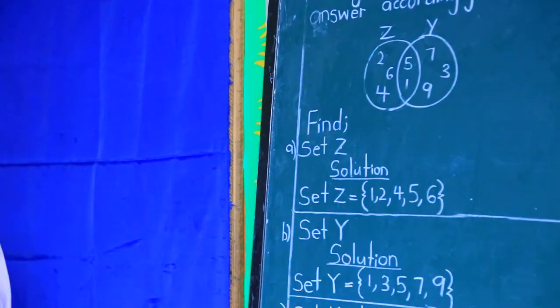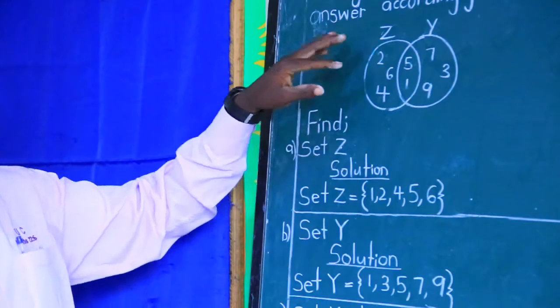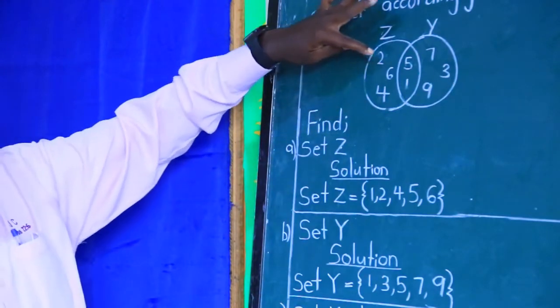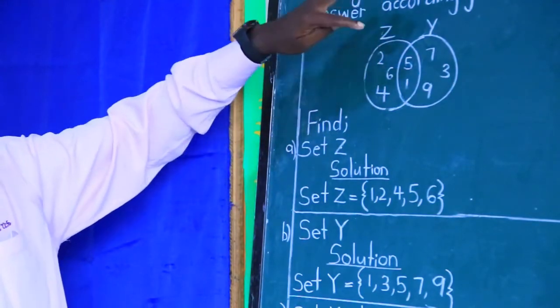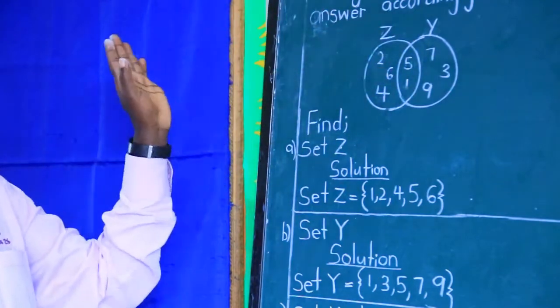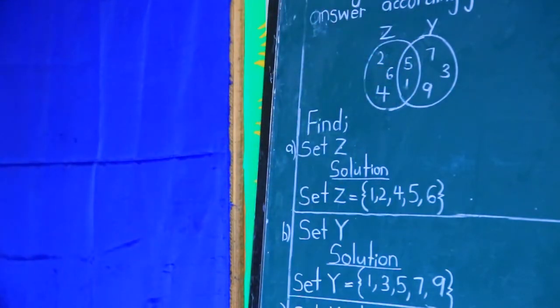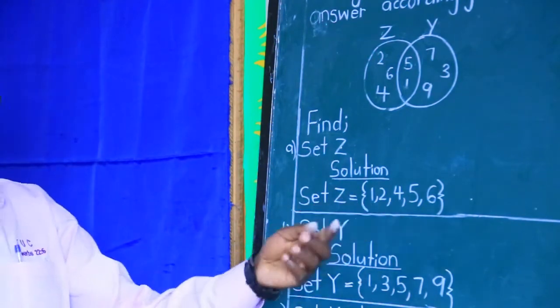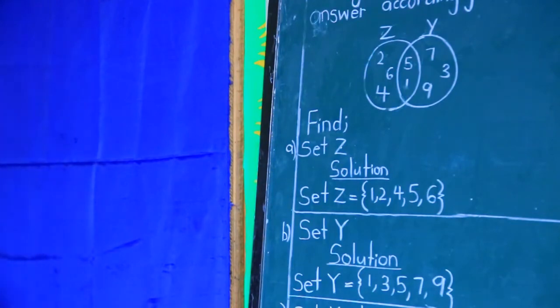Remember, even if one did not list in order, so long as all the members are included, you can as well say set Z equals 2, 6, 4, 1, 5, according to your wish, but it is better and shows how systematic a learner is when you list in order.